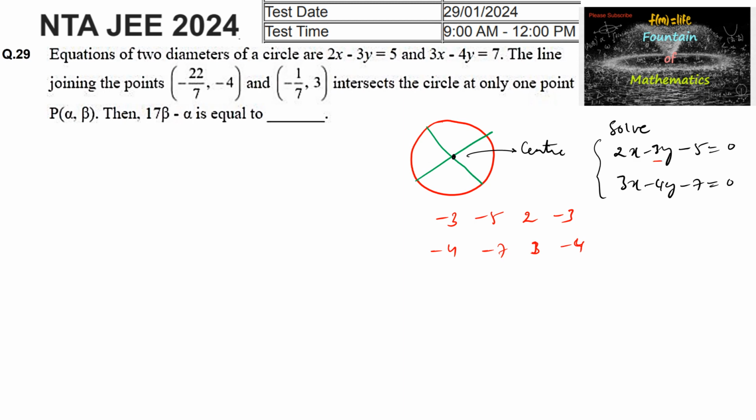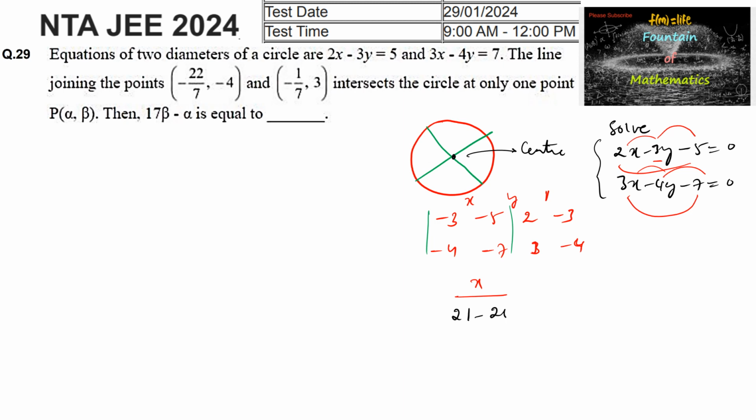So starting from the second letter, minus 3, minus 5 and again 2 and minus 3. Similarly, minus 4, minus 7, 3 and minus 4. So the first two columns are for x and the second two columns for the y coordinate, and for the last two columns we can consider any constant like say 1. So x upon, here you can say the determinant of this: minus 3 into minus 7 is 21, minus 4 into minus 5 is 20.